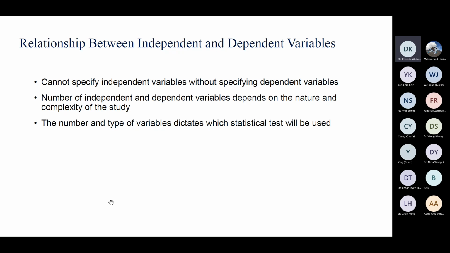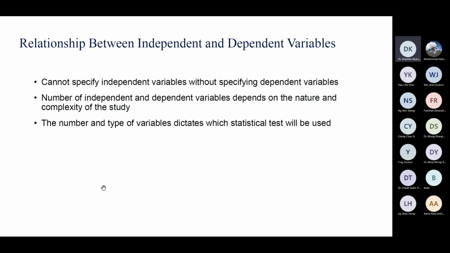Number of independent and dependent variables depends on the nature and complexity of the study. We can have many independent or dependent variables, depending on your study and your topic. The number and type of variable dictates which statistical test will be used. If you only have one dependent and independent variable, you don't need more complex analysis.